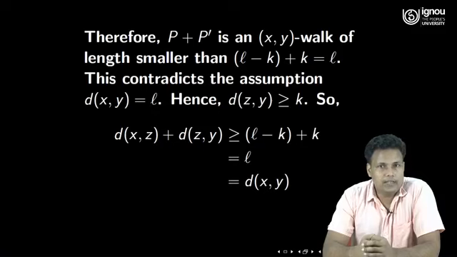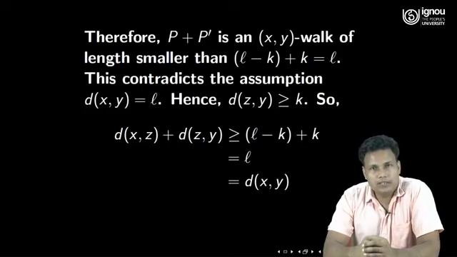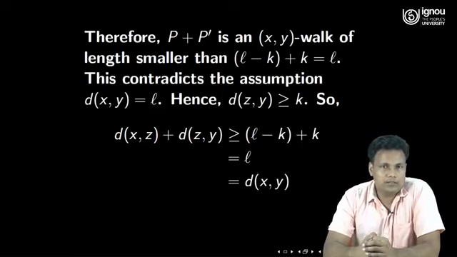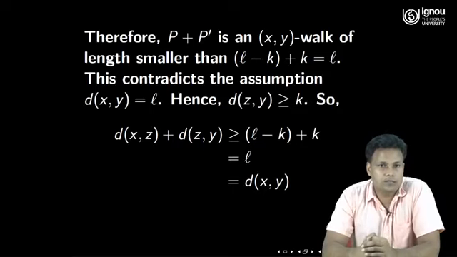P plus p dash is an xy walk and its length is smaller than L minus k plus k, because the length of p is L minus k and the length of p dash we have taken less than k. So the length of p plus p dash becomes less than L, but this contradicts the assumption that dxy equals L. How does this contradict?